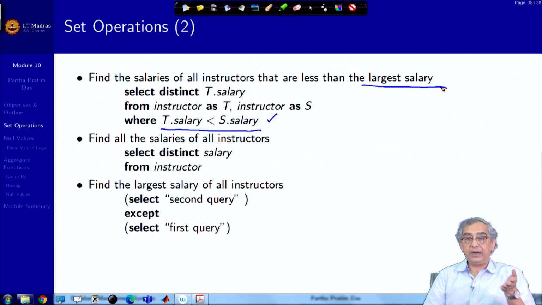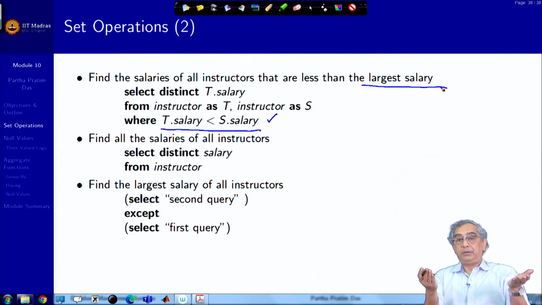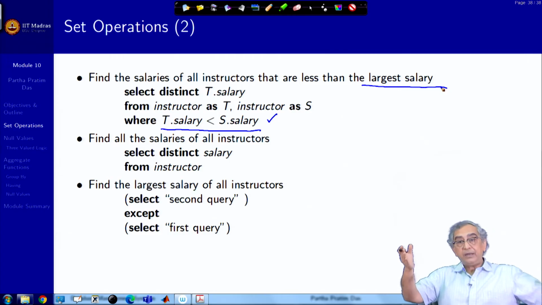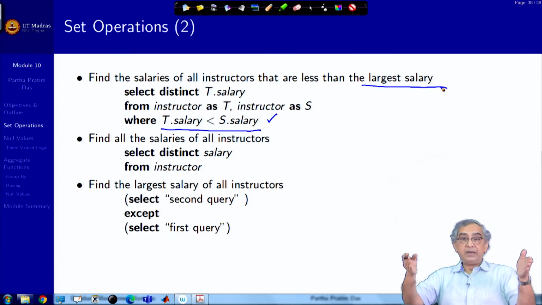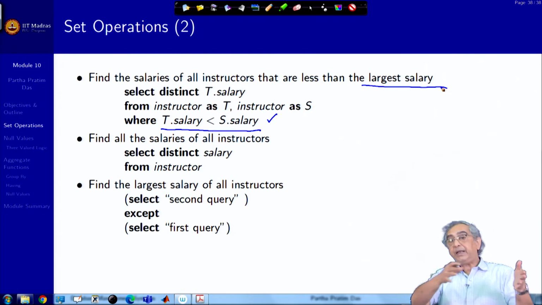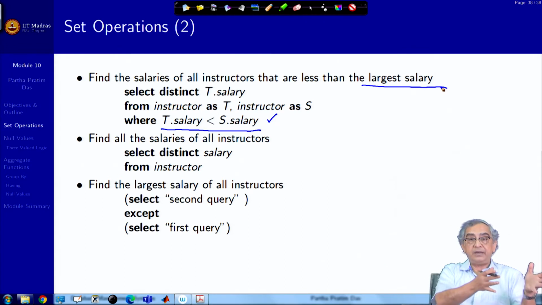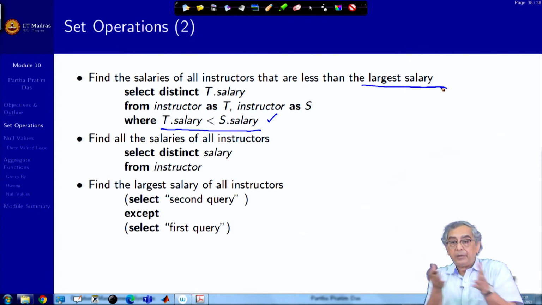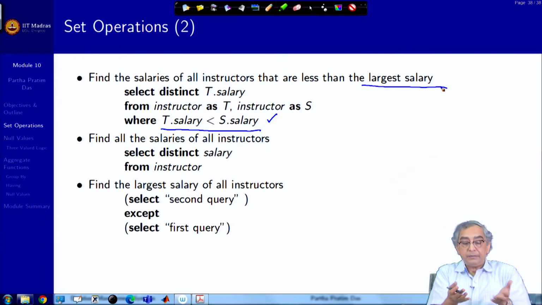Now, once I have got that, then the problem is simple, because I know the total set of salaries, I know the set of salaries that are not highest. So, I will take out from the total set of salaries the salaries that are not highest. So, what will remain is the highest salary.